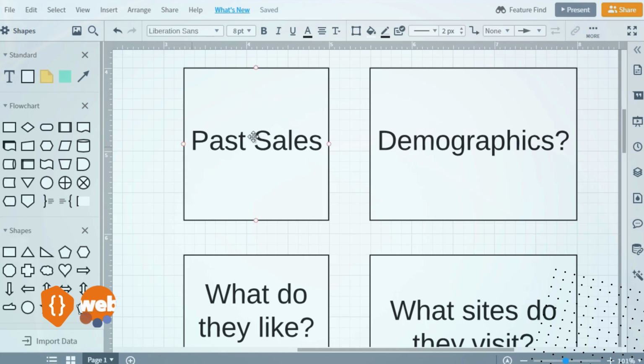Now, if you don't have any past sales, then you're going to need to get an idea of this. You can create the demographic data, and obviously you can start testing, but you're not going to know 100%. All this is doing is simply giving you a first step. All right, so this is not set in stone. This is not going to be forever. So past sales is one thing.